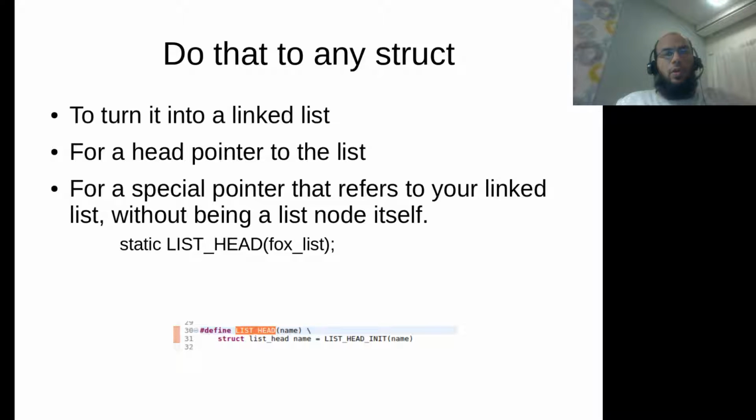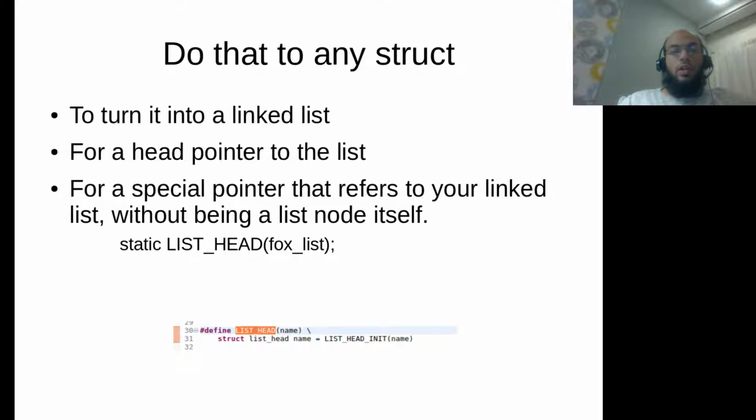This is very powerful because any struct that you can come up with can be turned into a linked list. In that case, your nodes in the linked list will be different structs, which you will be working with. You will have the first node as a head pointer to the list.